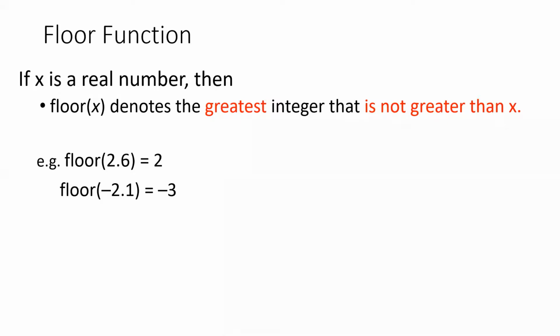So first you consider the last part of the definition, which is not greater than x. Then only you move on to the first part, that is the greatest integer. So this is a twisted definition. For our example, the real number Janani told is 3.4.